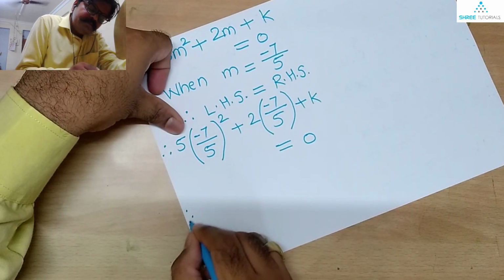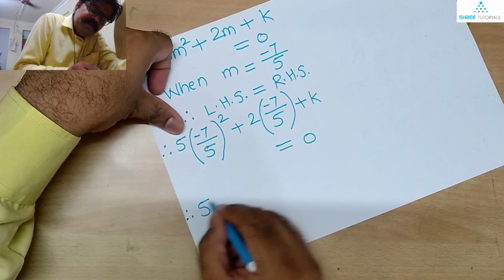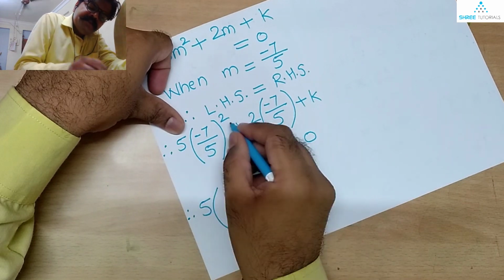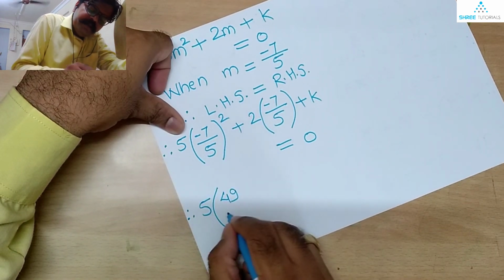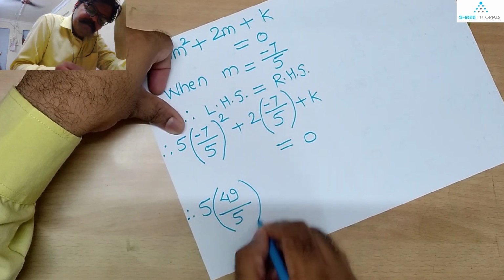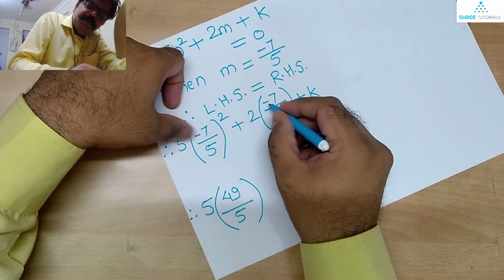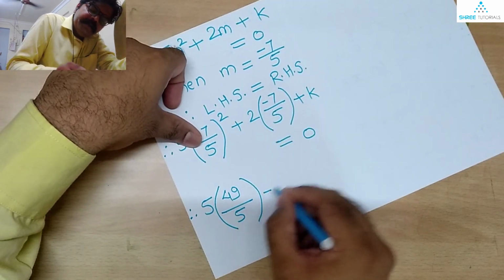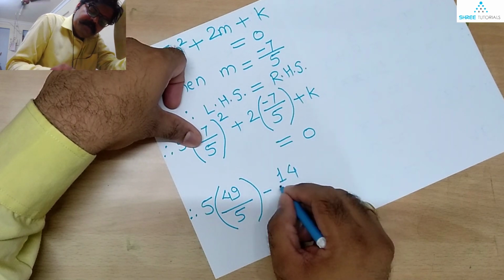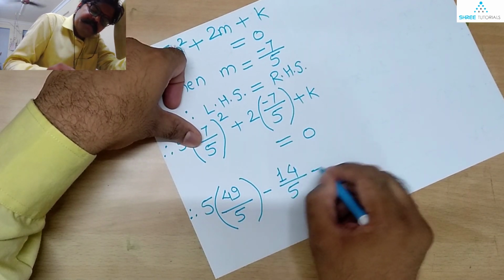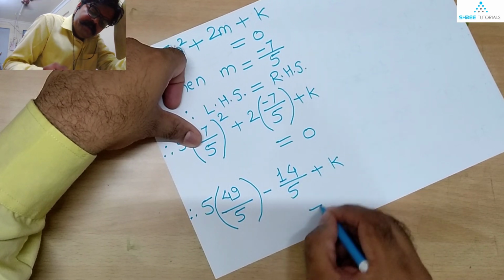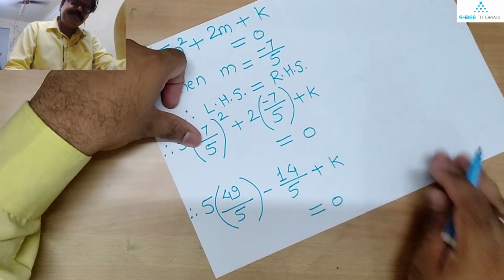Therefore, 5 times minus 7 square will be 49 divided by 5, plus 2 into minus 7, that will be minus 14 divided by 5, plus k equal to 0.